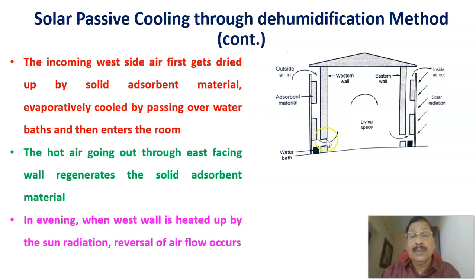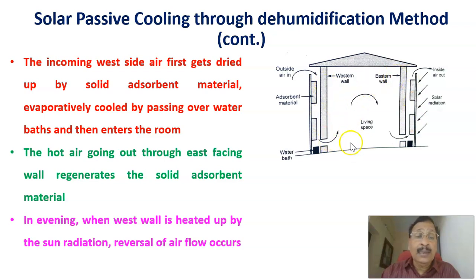The cool air comes inside the room, and then the hot air gets heated up by the solar radiation and goes outside.